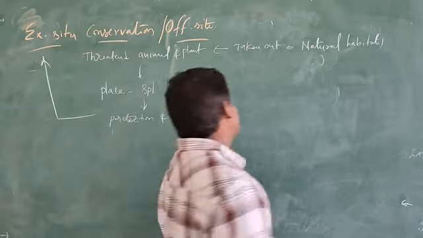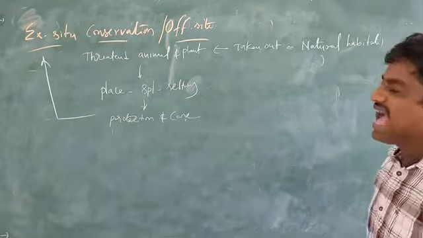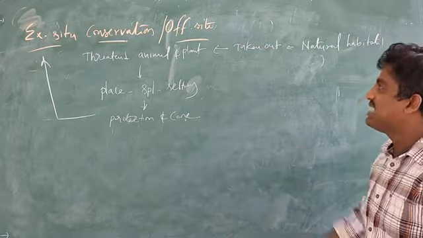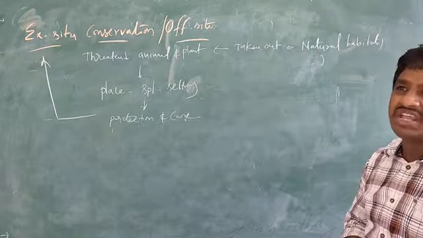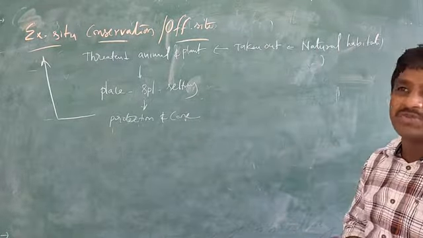Once again, see this one. Here, the threatened animal and plant species are taken out from natural habitats, where the area is disturbed and very few individuals of such species are present. Suppose it's tigers and some specific medicinal plants.